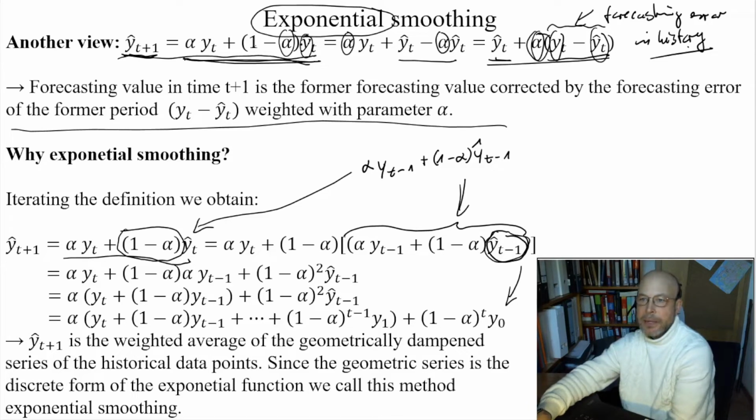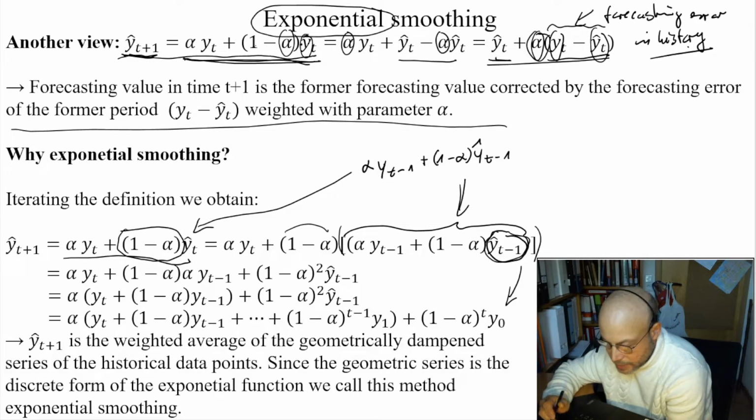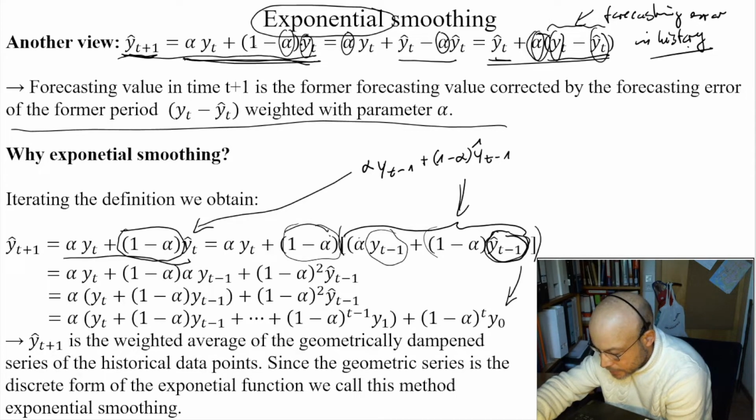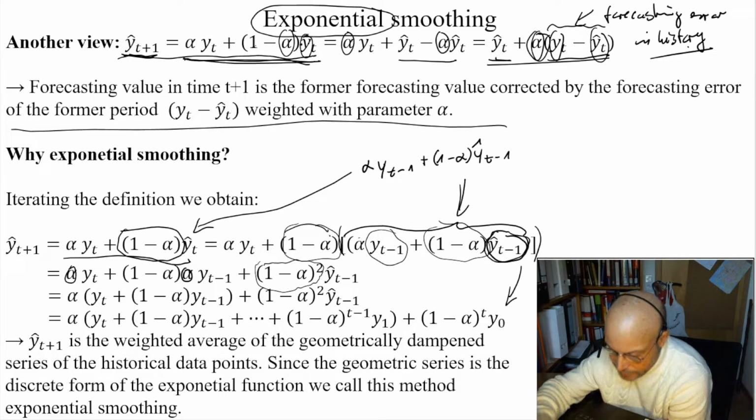And how can we see this? Well, we just multiply this bracket and these brackets, and so we obtain 1 minus alpha times y t minus 1 plus 1 minus alpha times 1 minus alpha, which is 1 minus alpha squared. And here we see that we have an alpha and here an alpha.